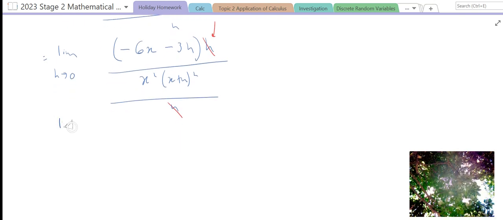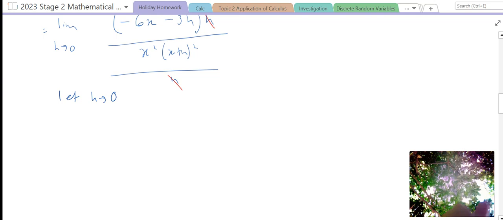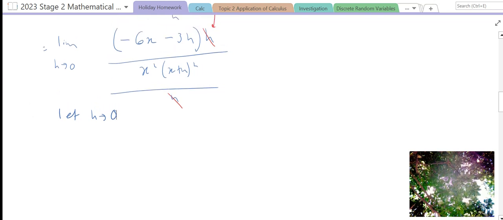So let h approach 0. You don't have to write that, but it's good to show you know what's happening. As h approaches 0, then what we're going to get is minus 6x, well, minus 3 lots of 0, so that's nothing, over x squared, bracket x plus 0 squared, which is really equal to minus 6x over x to the power of 4.